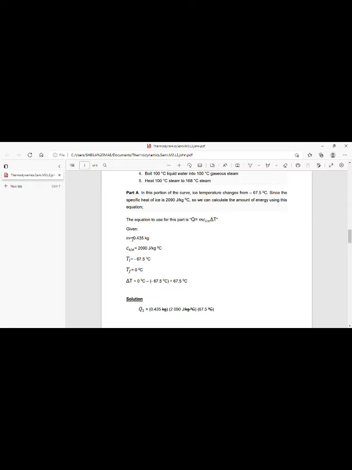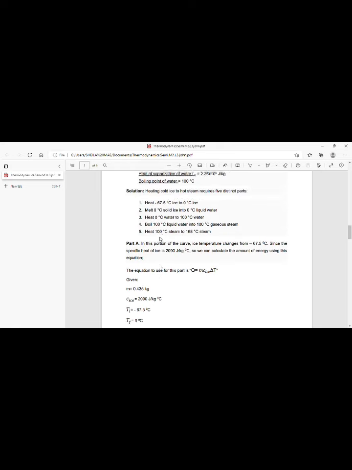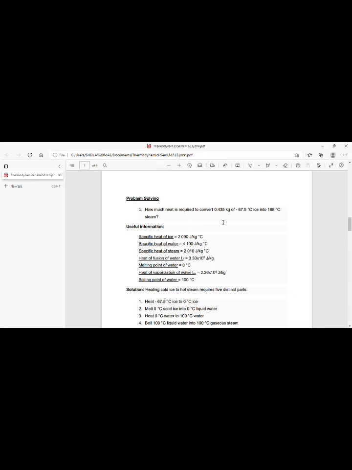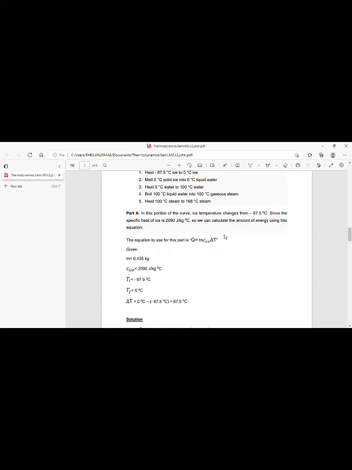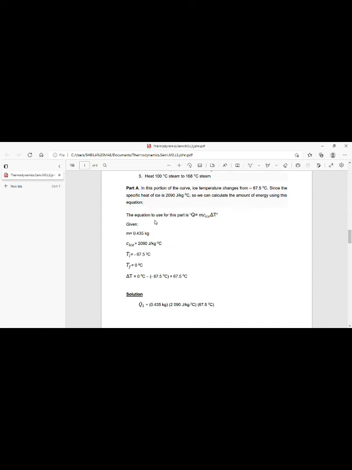Given, the mass is equal to 0.435 kilogram. As you can see here in our problem, this is our mass. The specific heat of ice is 2090 joules per kilogram degree Celsius.